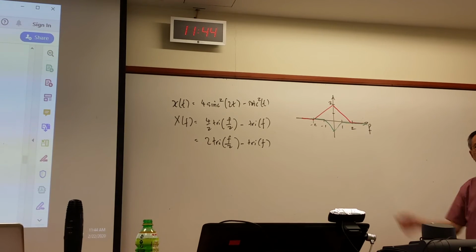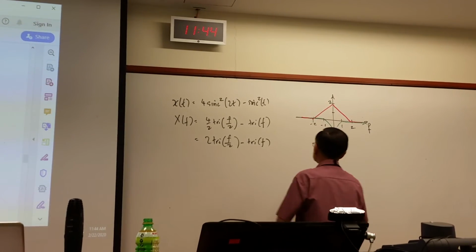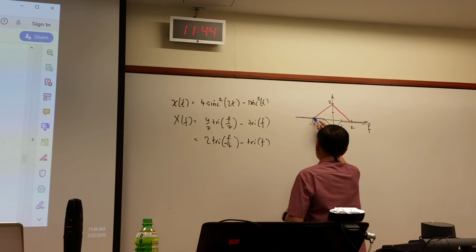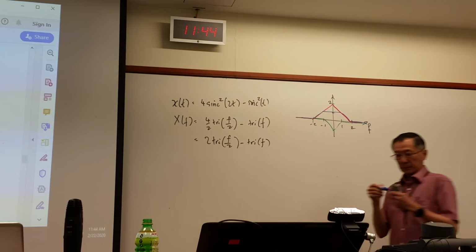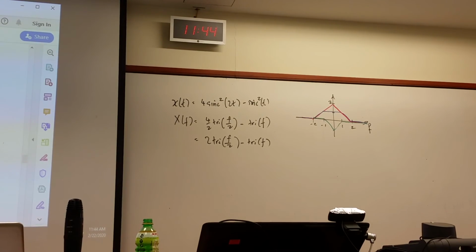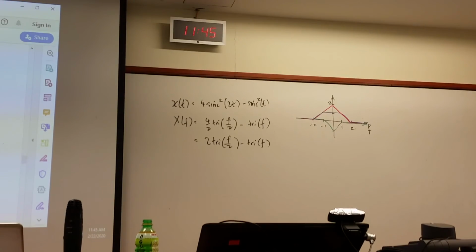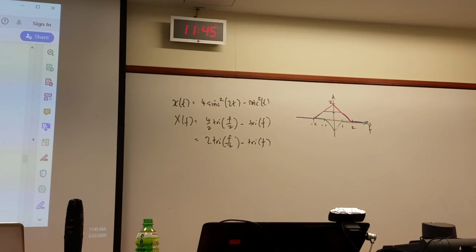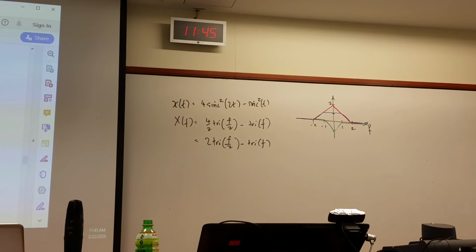So you add the green and the red, what will you get? I will get this, right? When I add the red and the green, I will get the blue. So that's what you're supposed to sketch out. Okay. Any questions? So that's part A.